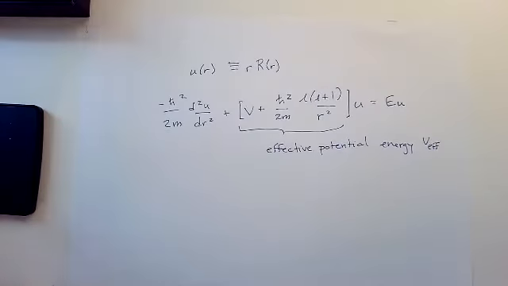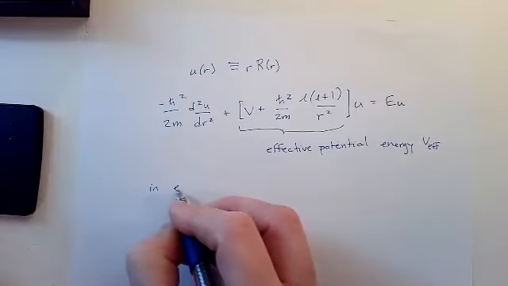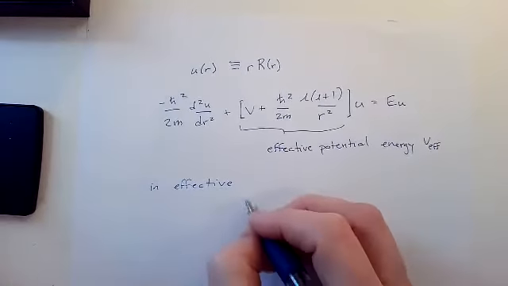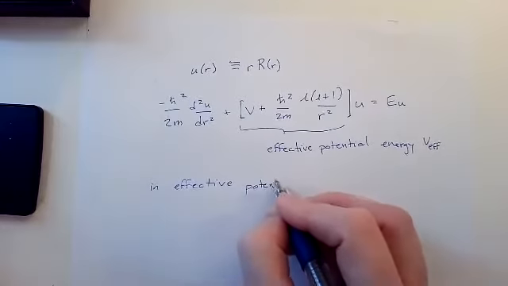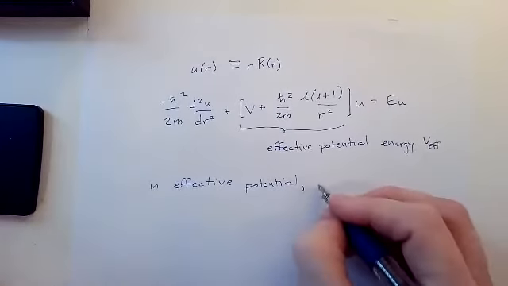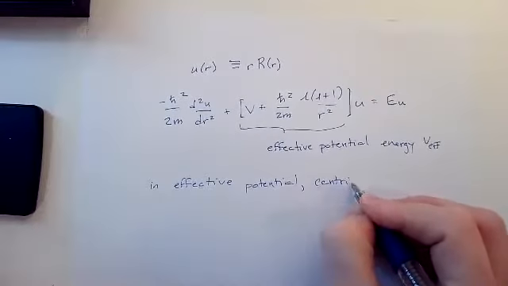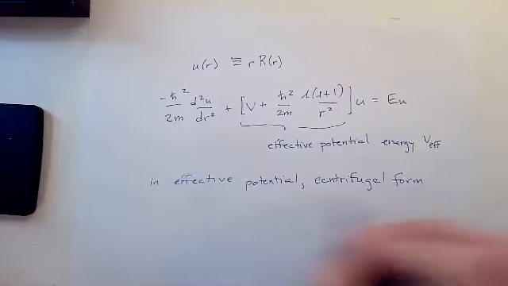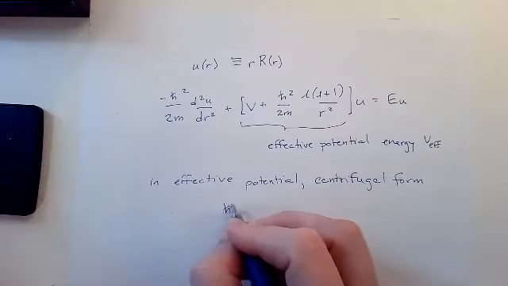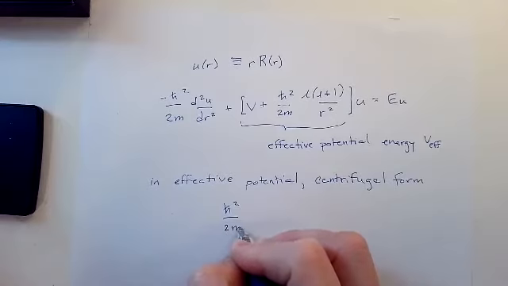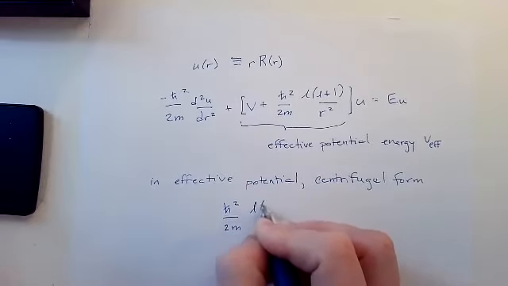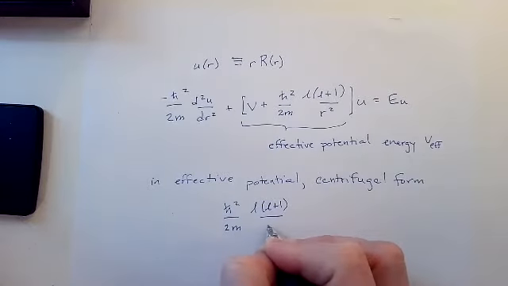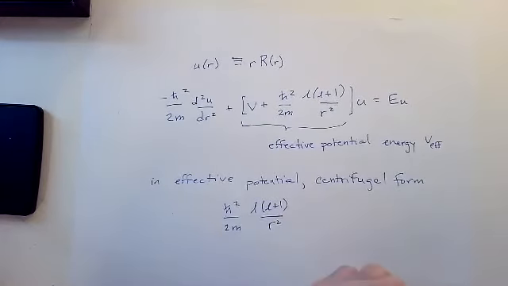So in our effective potential, there is something that we're going to call the centrifugal form. There is this extra little something that's our h bar squared over 2m times L times the quantity L plus 1, over r squared, right?